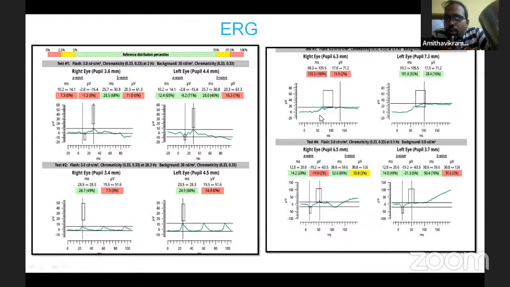The bottom panel again gives the photoreceptor and the bipolar response, and most of them seem to be touching the reference range. There is an indication given in most of them in red and a couple of them in green. So this color coding also tells us where the patient is lacking, whether it is in amplitude or latencies. That's all I wanted to add.